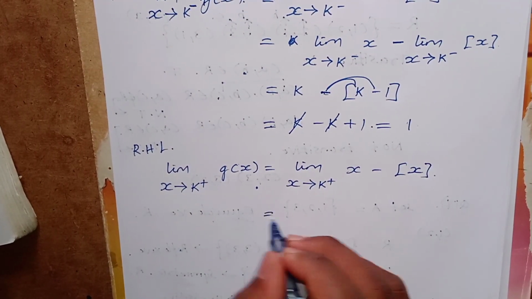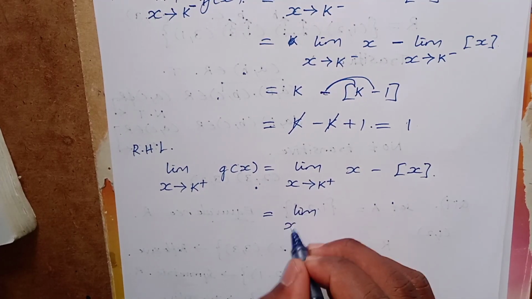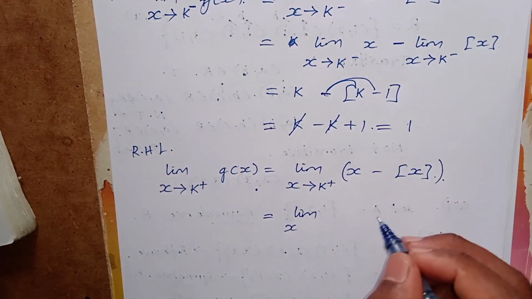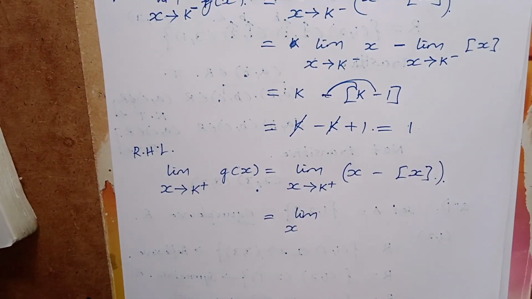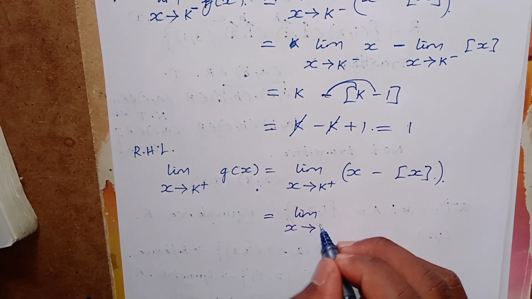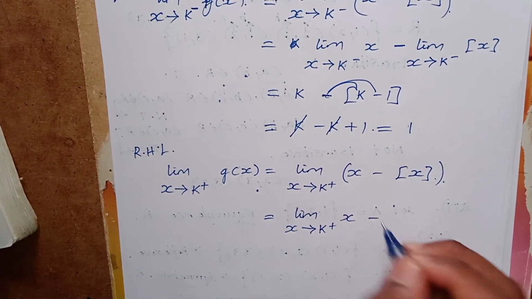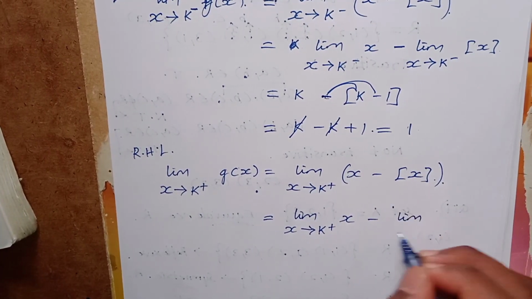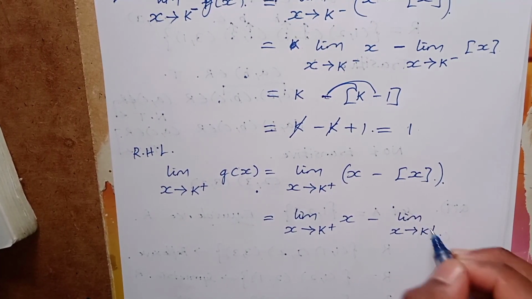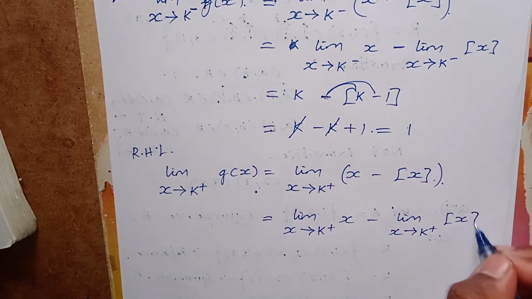Apply the limit: limit x tends to k plus of x minus limit x tends to k plus of the greatest integer function.